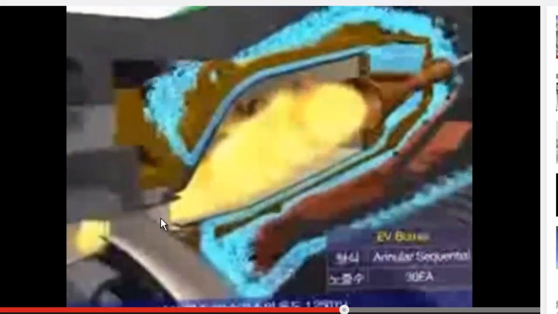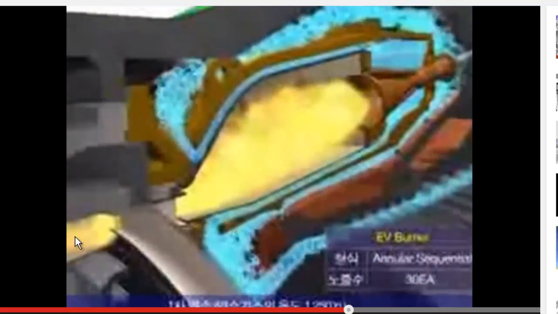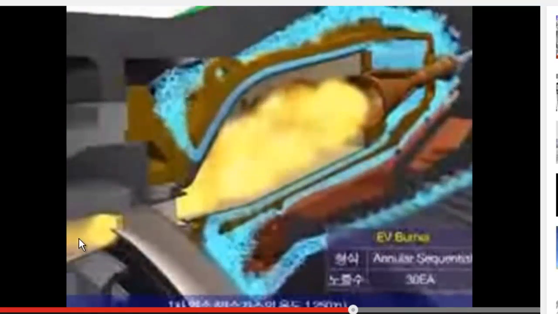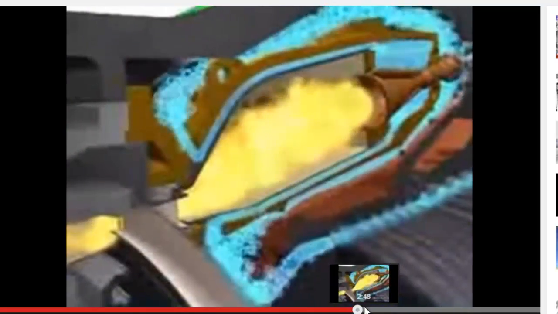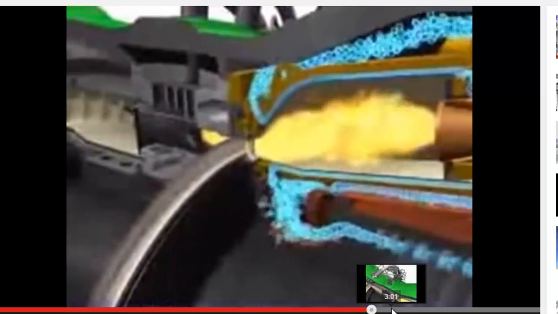What we would like to have is a very good mixture of air and fuel. So once we mix it, we pass it through the combustion chamber, and we're going to see that in just a moment.